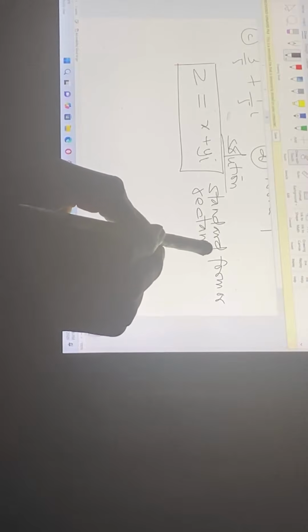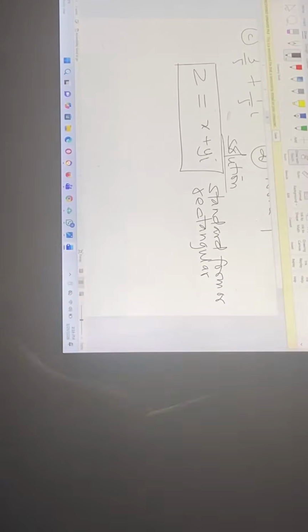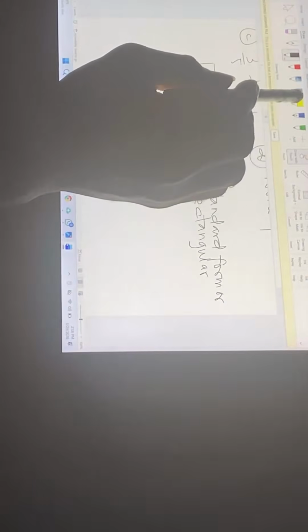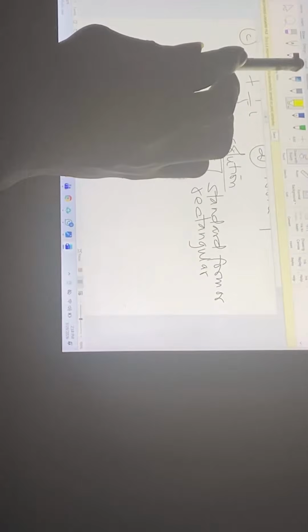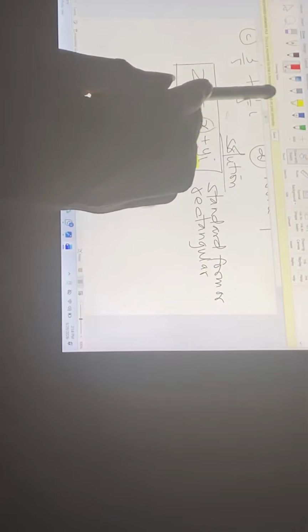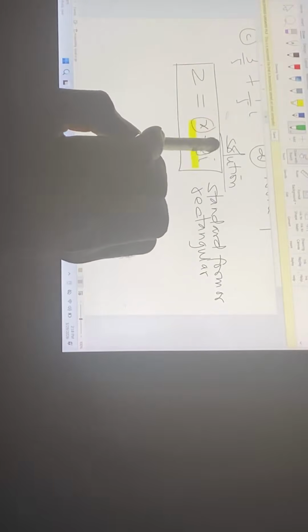It is called standard form because all standard expressions must take this format: one real part and one imaginary part.